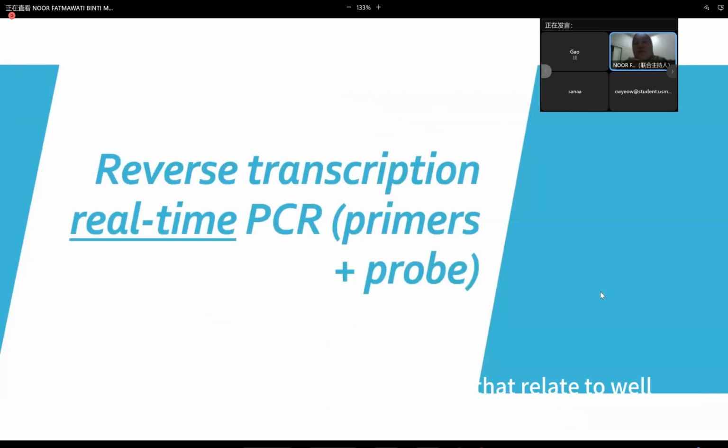Fluorescence or fluorophore labeling relates to PCR, which is still the most famous technology to measure nucleic acid, and RNA is one of them. So I'm going to use the example of real-time PCR, especially reverse transcription real-time PCR, primers in combination with probe, as an example of technology for RNA-based diagnostics.